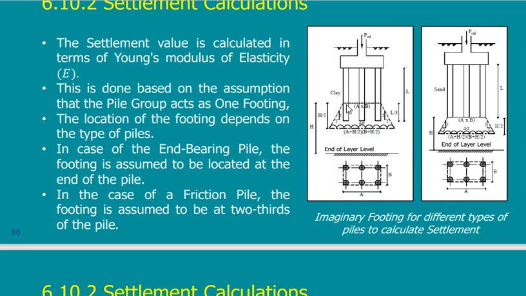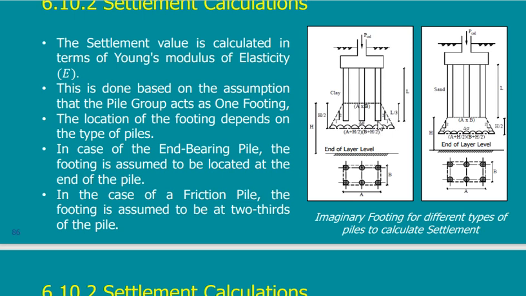This imaginary raft will be taken at the third of the length of the pile, because of course here the soil is not as good as the soil at the bottom. Usually any soil, when you go deeper, the confining pressure increases, so it is better. The soil here is of higher quality than the soil here.